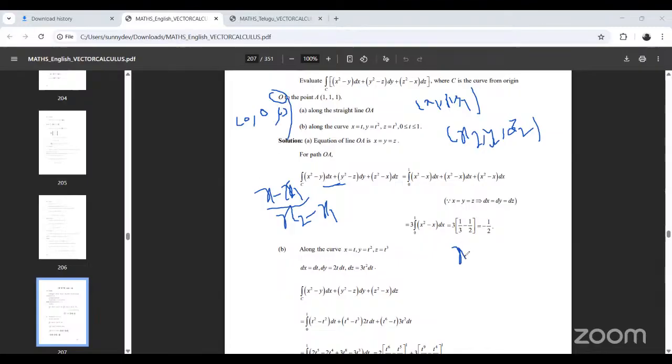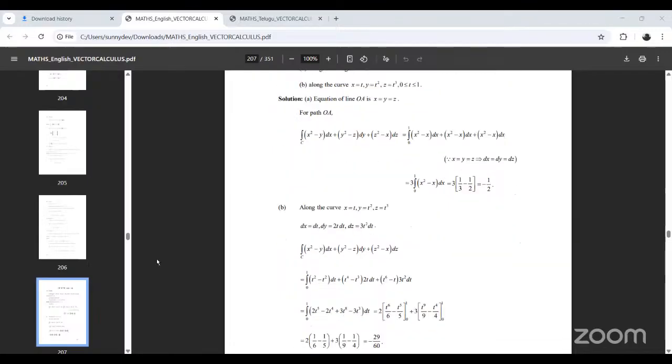So that becomes x by 1, y by 1, and z by 1. So that means x equal to y equal to z.